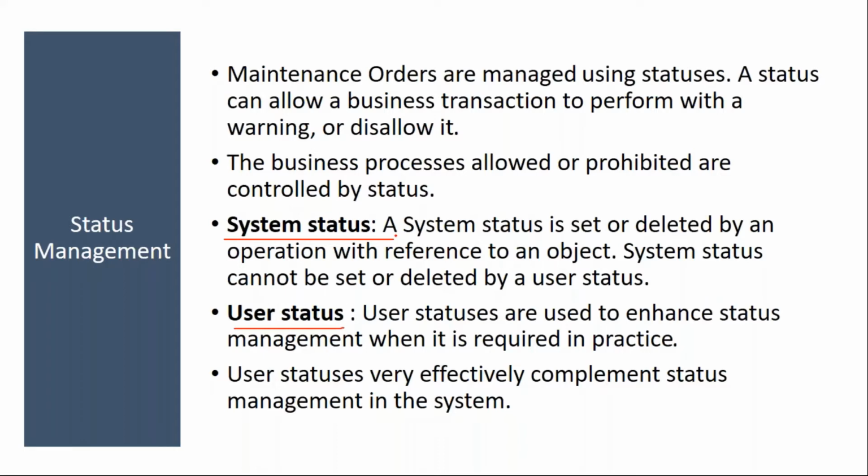A system status is set or deleted by an operation with reference to an object. System status comes with standard SAP. It is predefined, you cannot change it, and it cannot be set or deleted by a user status.